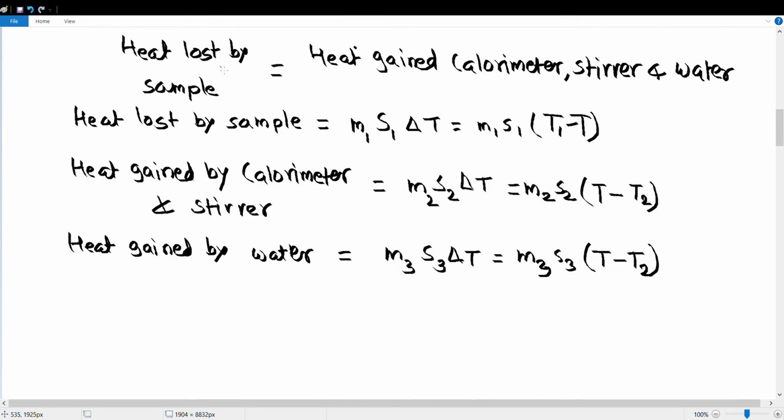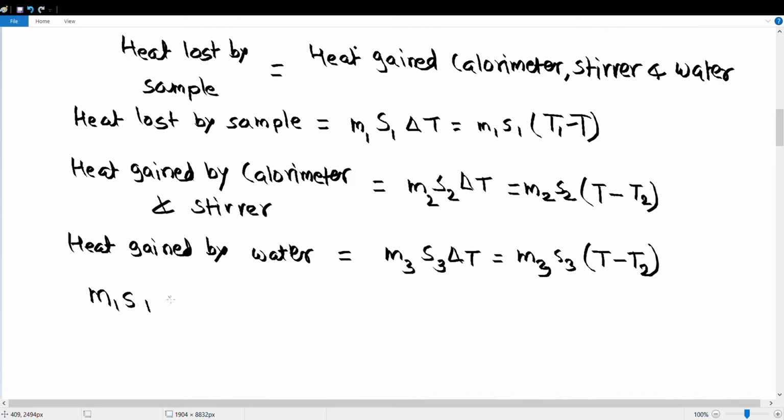So from the law of conservation of energy, we can combine these three equations and we get the relation between heat lost and heat gain. How much heat is lost? The only loser is the sample.